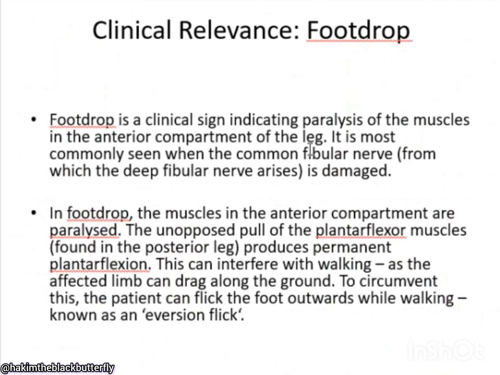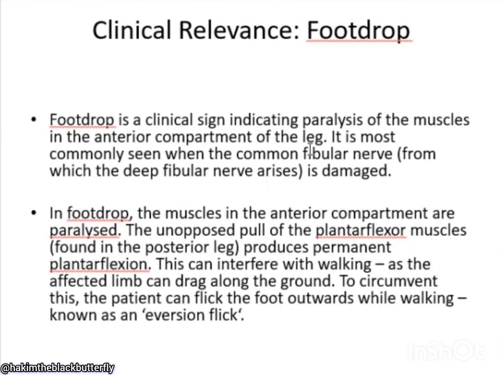Because the muscles which are plantar flexing, plantar flexion is the opposite of dorsiflexion. When your foot is facing downwards, you're plantar flexing. And the muscles of the posterior compartment of the leg are responsible for plantar flexion. But when you lift it, you're dorsiflexing, and that is tibialis anterior. So tibialis anterior is paralyzed because the common peroneal nerve, its deep branch, is injured.